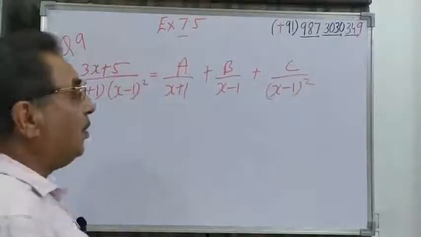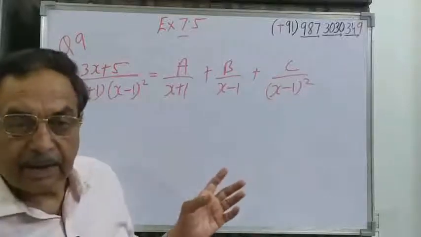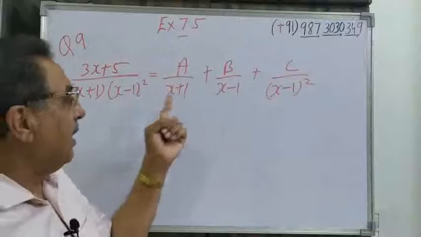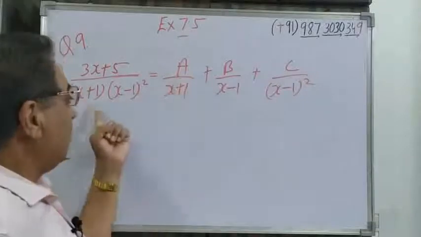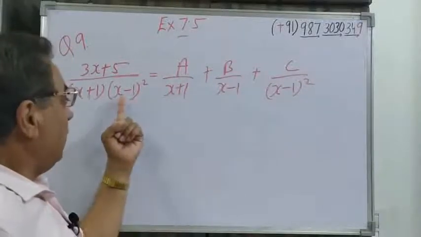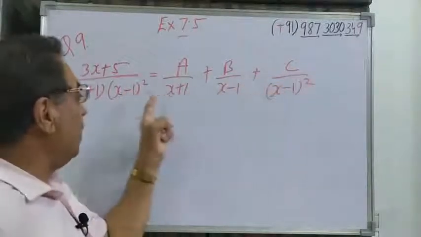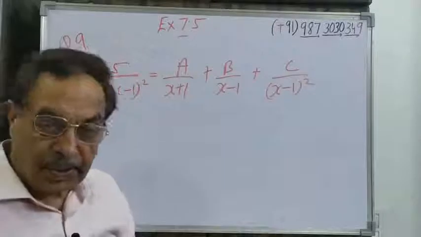As I told you earlier, there are three types, and one of the types was repeated factors. So we have applied that formula: A upon the linear factor, B upon the base of the repeated factor, that is x minus 1, and C upon the whole repeated factor (x minus 1) square.